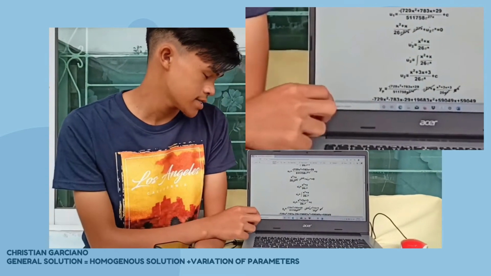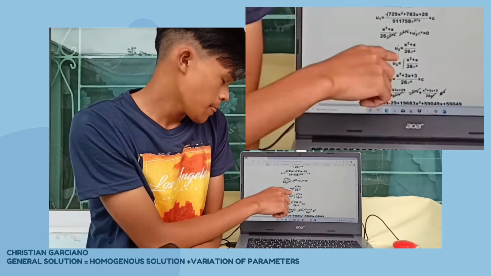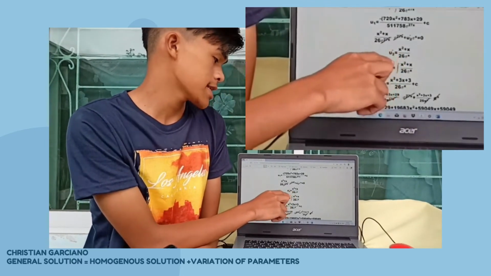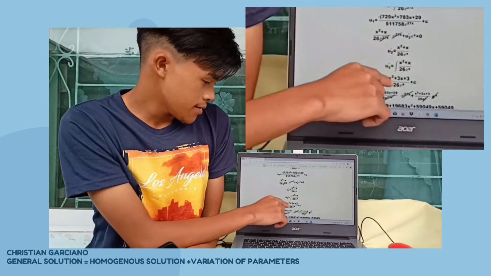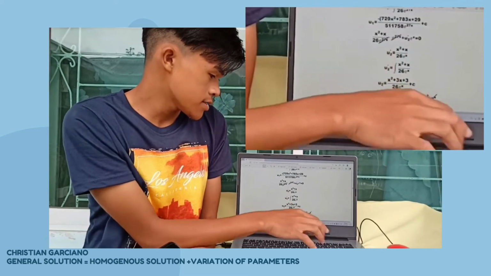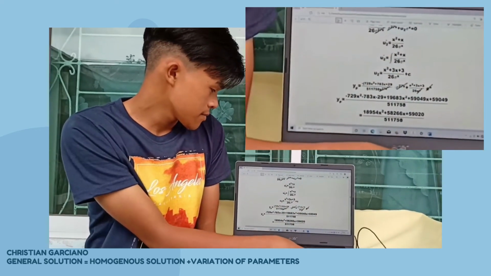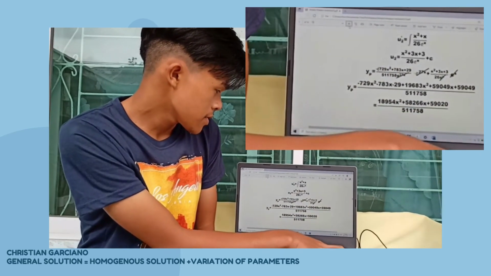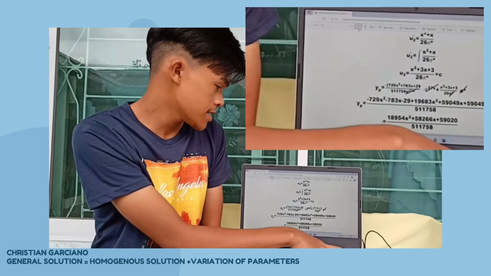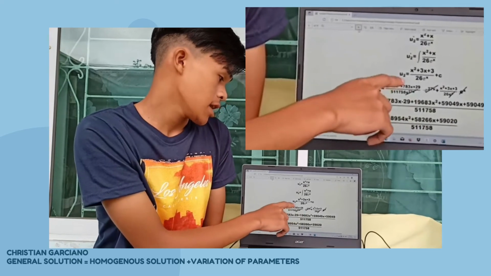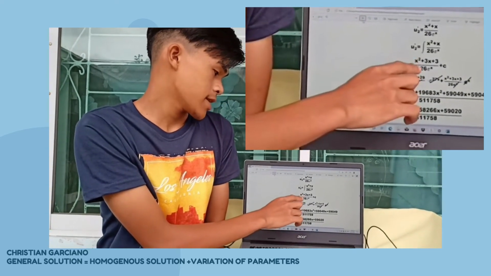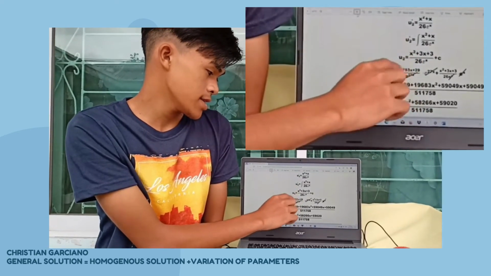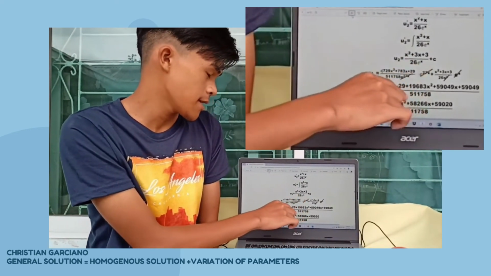So the answer is u2 prime equals x squared plus x over 26 e^x. And then we use the integral, so the answer is u2 equals x squared plus 3x plus 3 over 26 e^x plus c.